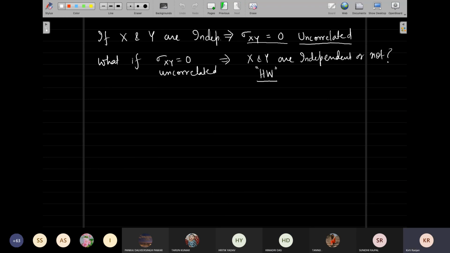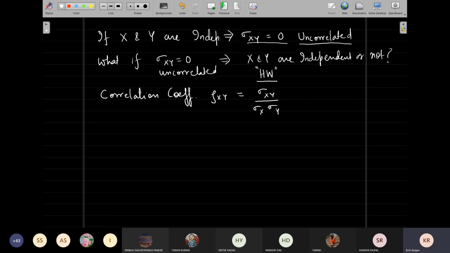There is a word which we use actually, correlation coefficient, rho xy. Basically, it is constructed from the covariances and the variances, sigma xy divided by sigma x sigma y.